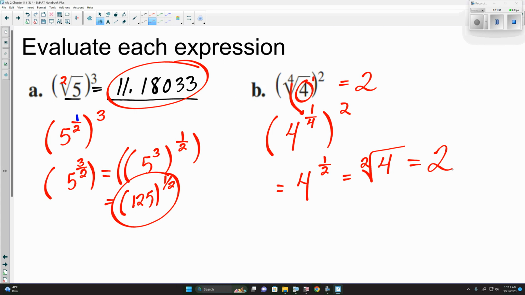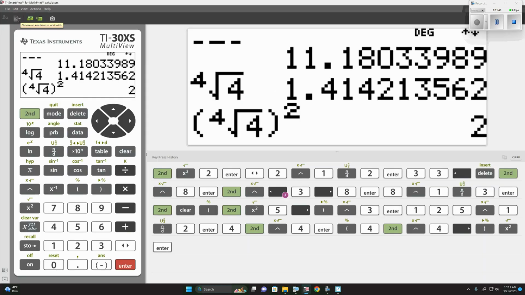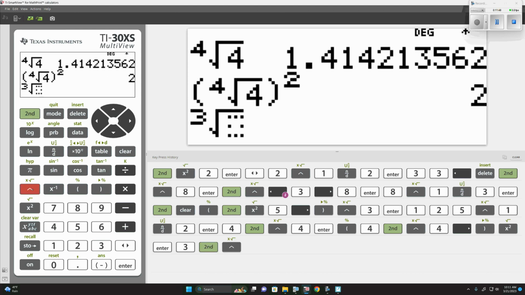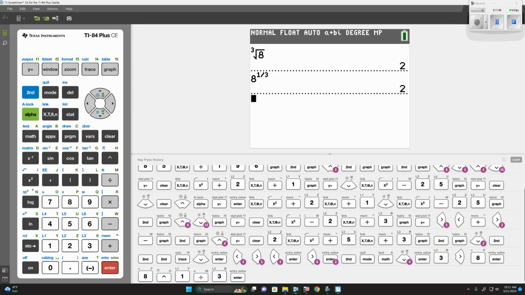Questions on this here? Now we can look at the next one, the cubed root of 9 squared.